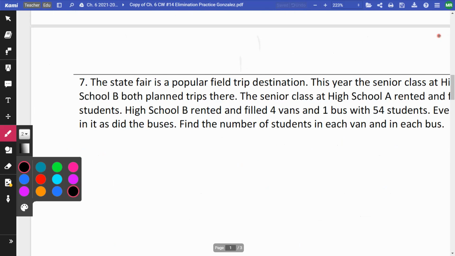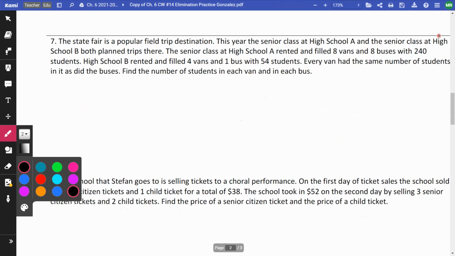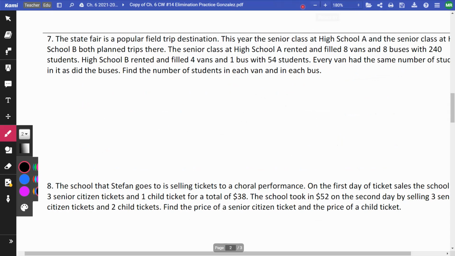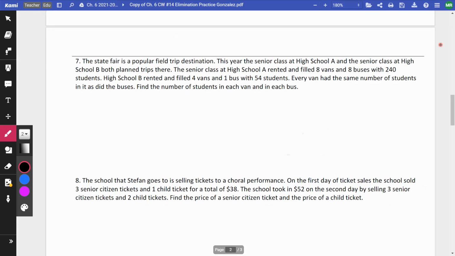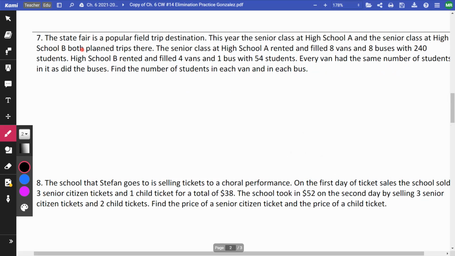Now, on the word problems. So the state fair is a popular field trip destination. This year, the senior class at high school A and the senior class at high school B both planned trips there.